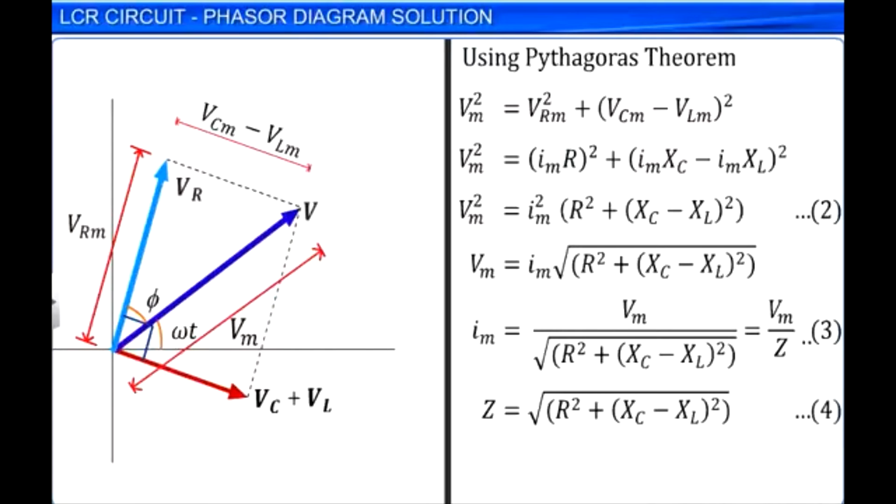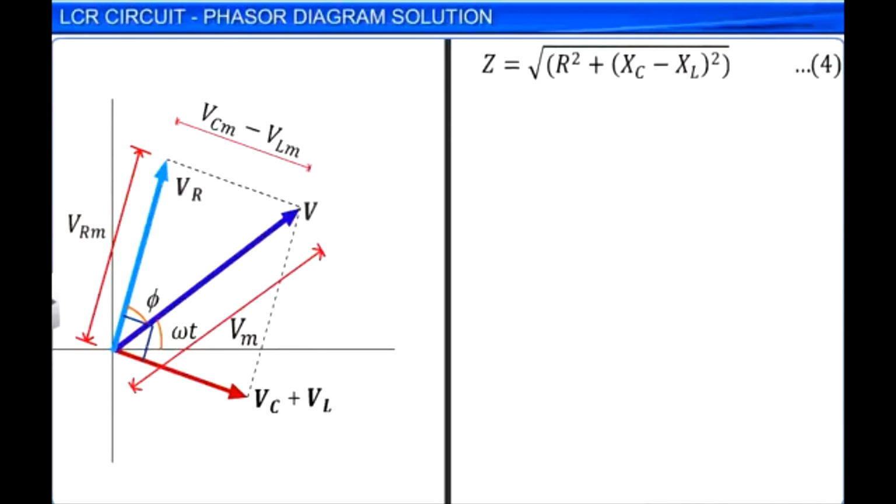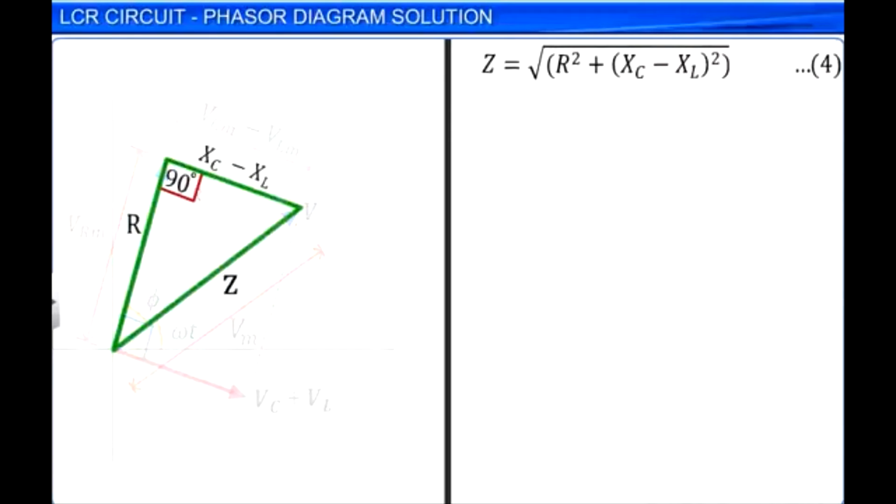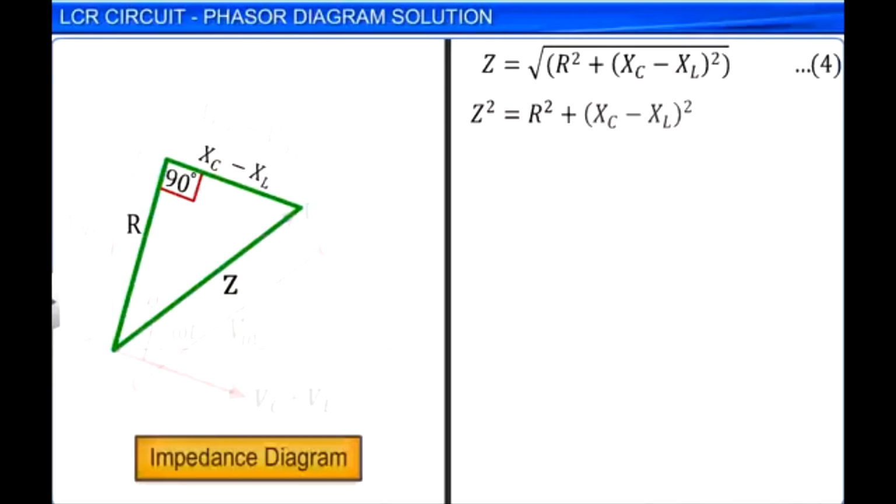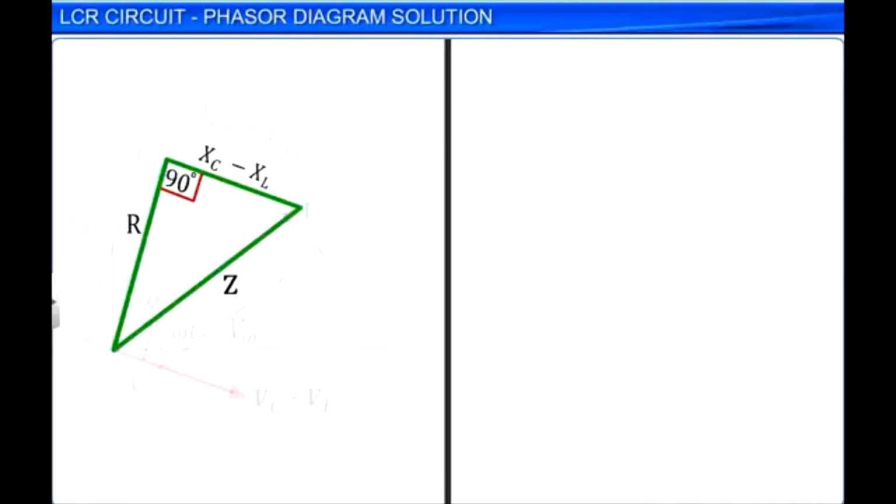The impedance equation can also be written as Z square is equal to R square plus (Xc minus XL) square. This equation represents a right-angled triangle as per Pythagoras theorem. This triangle is called the impedance diagram. In an LCR series AC circuit, the phase difference phi existing between the voltage and the current can be determined by using the impedance diagram.